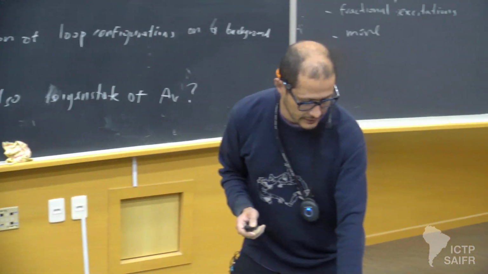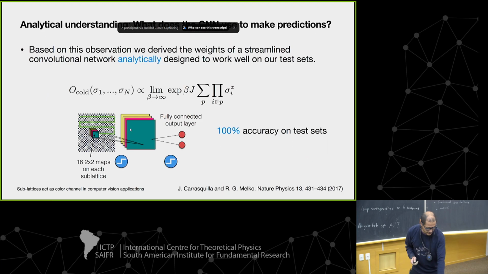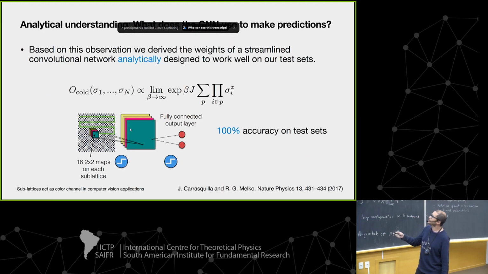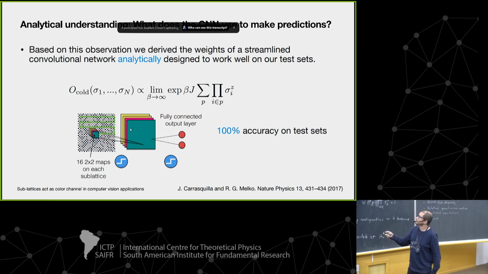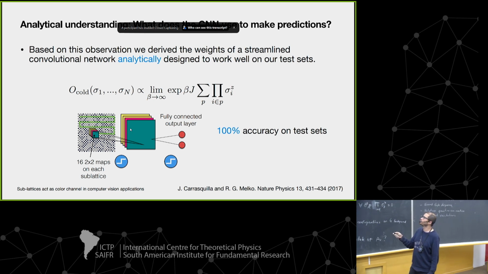Recall that we constructed a model, a convolutional neural network, that behaved in this way. If we had a spin configuration and we pass it through the convolutional neural network, it would output two numbers.